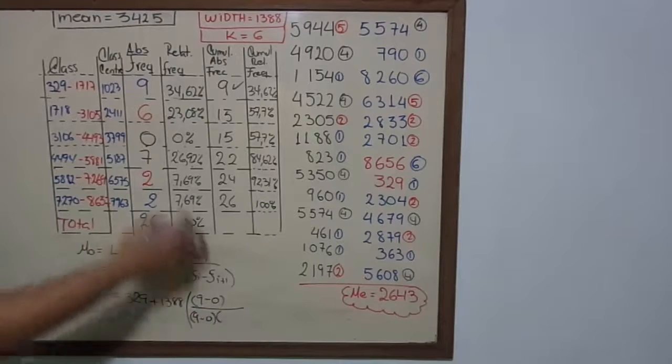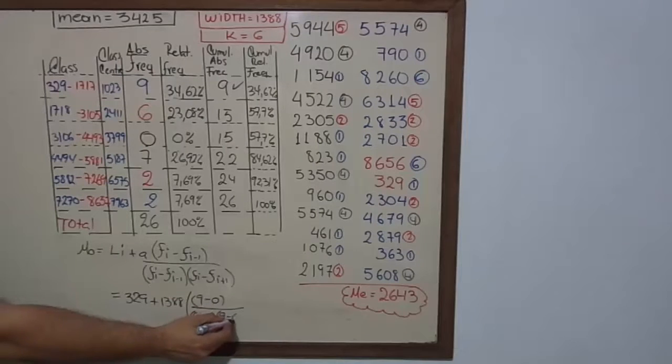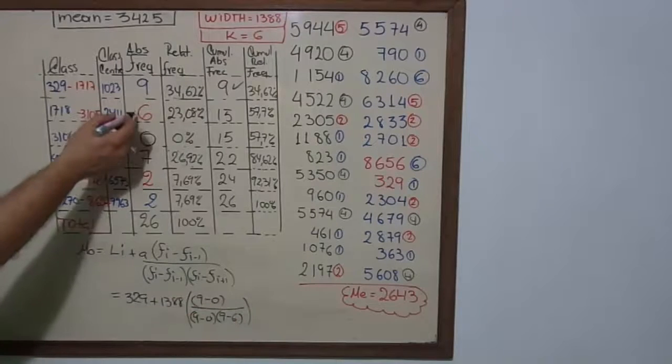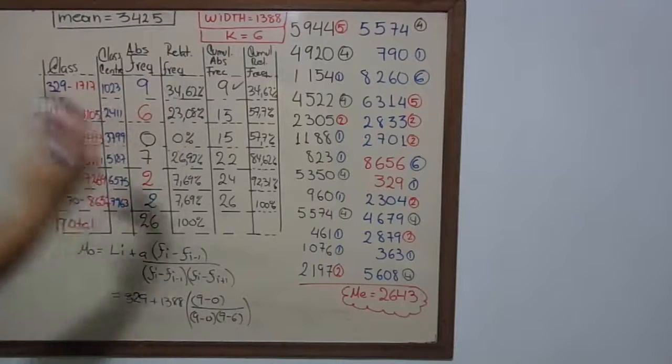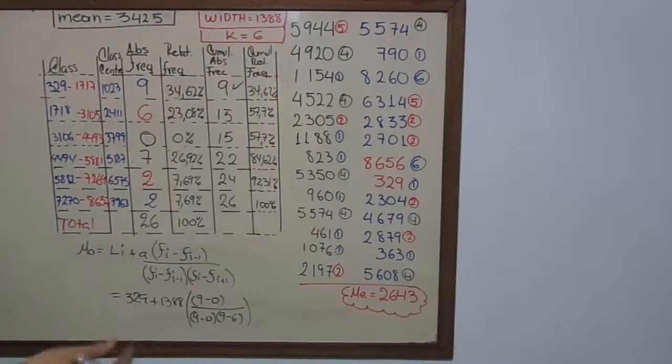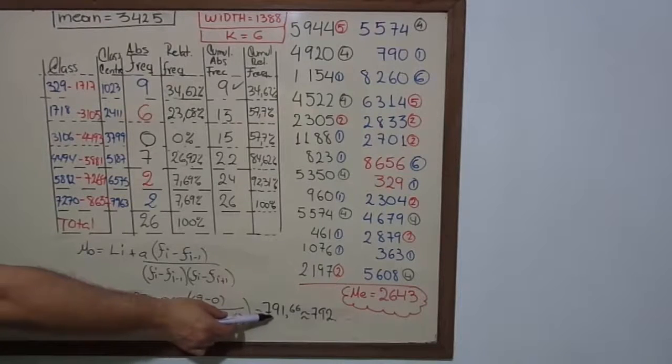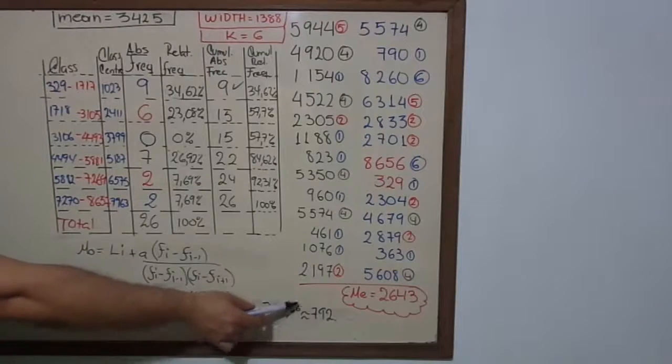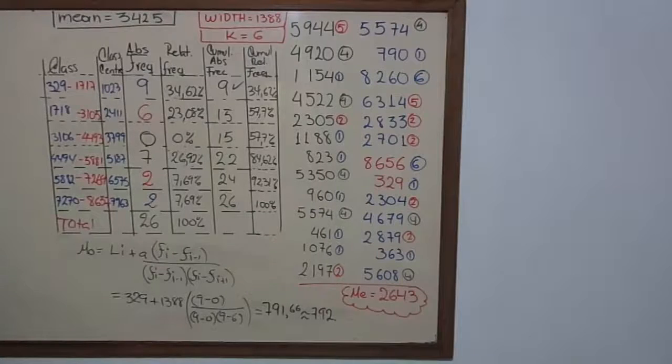But here, we're going to find 9 minus 6, because it's the frequency of the class after the class in which we are going to find the mode. The result will give us 791.666666, and we round it to 792. And this is it.